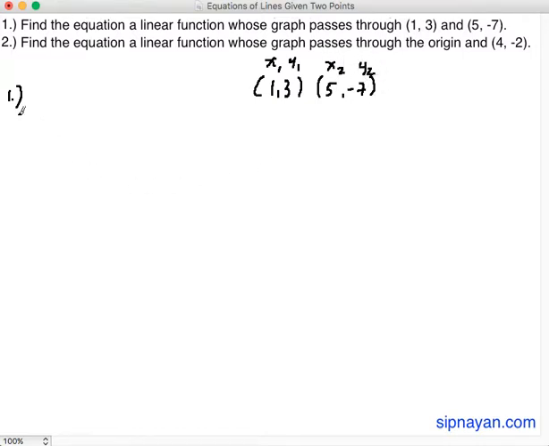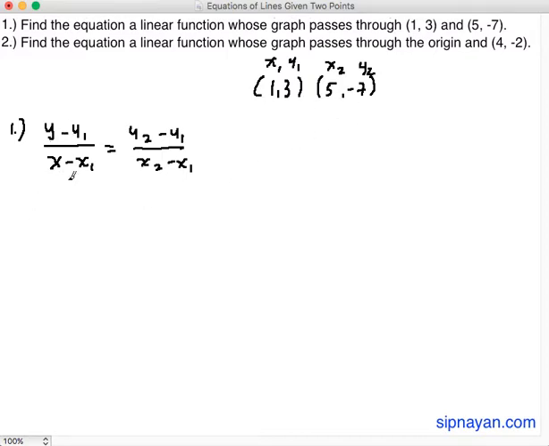Para makuha natin, meron tayong formula na susundan: y minus y sub 1 over x minus x sub 1 equals y sub 2 minus y sub 1 over x sub 2 minus x sub 1. Ito yung mga coordinates natin.